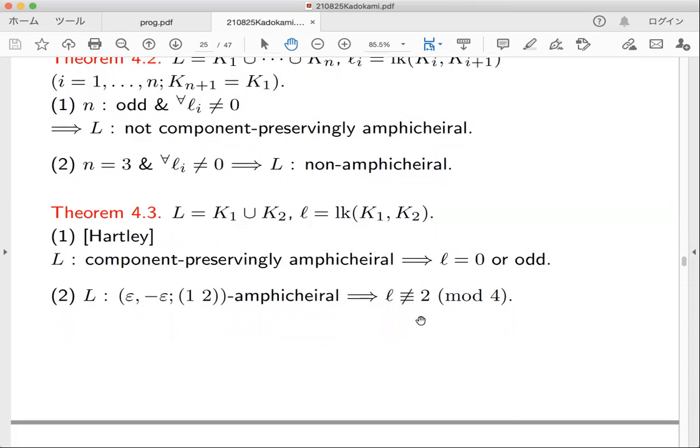But l can be 4 times an integer. Taniyama wrote examples of this kind of amphicheirality with linking number 4n for every integer n.